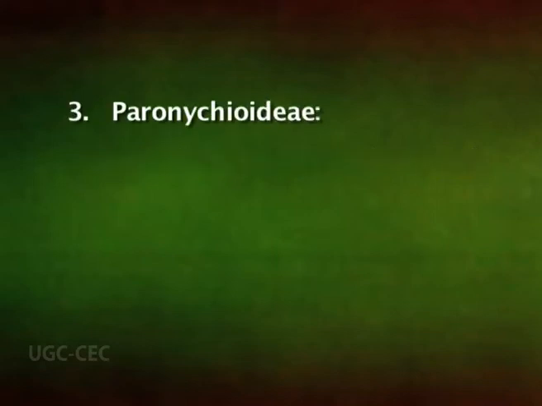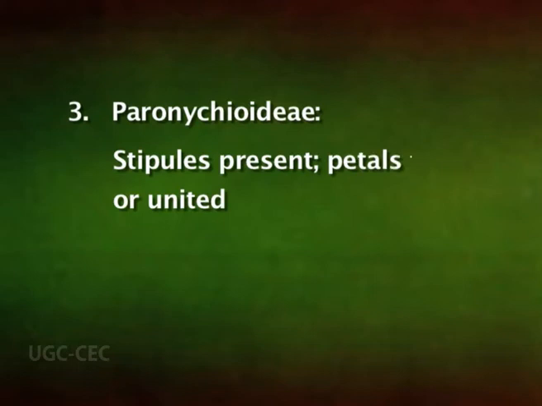And third, the Paronychioideae, where the stipules are present and petals are free or united. Many taxonomists, however, consider the last subfamily as a basal grade of the primitive members of this family, which have retained many plesiomorphic traits.